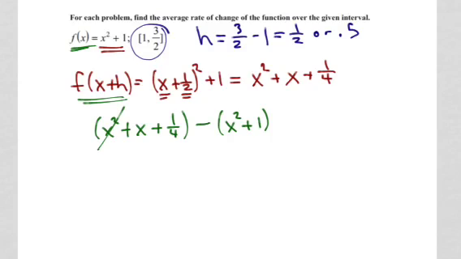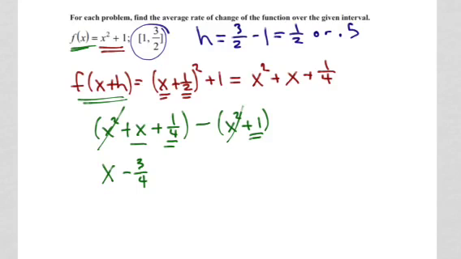First off, x squared minus x squared, those are going to cancel. The plain x is the only one in the term, so there's going to be part of my answer. And then numerical, 1/4 minus 1. 1/4 minus 1 is going to be negative 3/4. How pretty. All right.